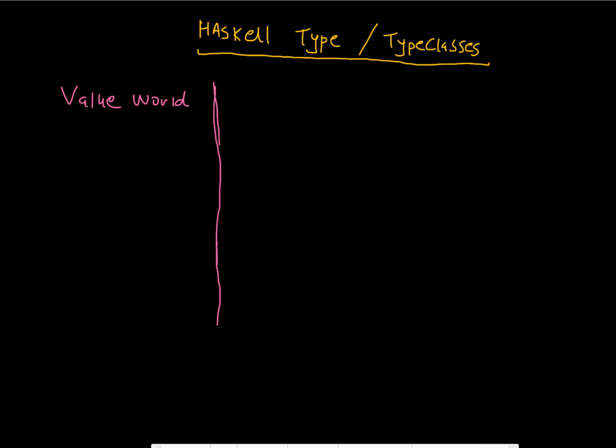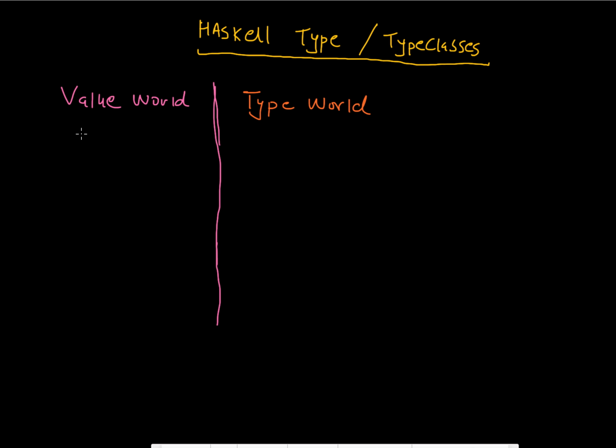The first column is going to be my value world, and the second column is going to be the type world. The whole idea here is I'm just going to draw a mapping, or attach a very specific label to every single value that I create. As an example, to start off, let's have a character.